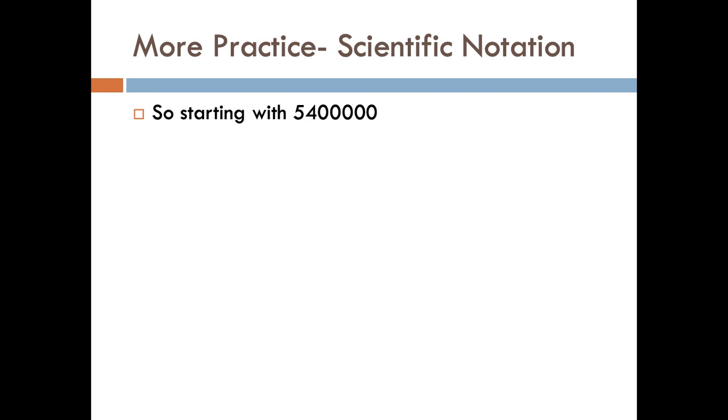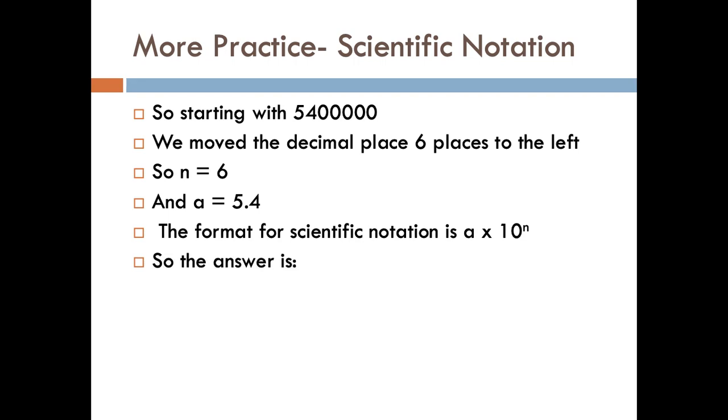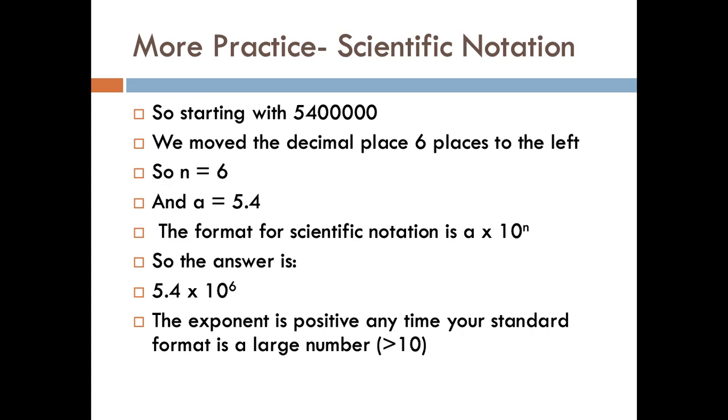So starting with 5,400,000, we had to move the decimal point 6 places to the left. So n equals 6 and a equals 5.4. The same format for scientific notation applies, and the answer is 5.4 times 10 to the 6th. The exponent is positive anytime your standard format is a large number.